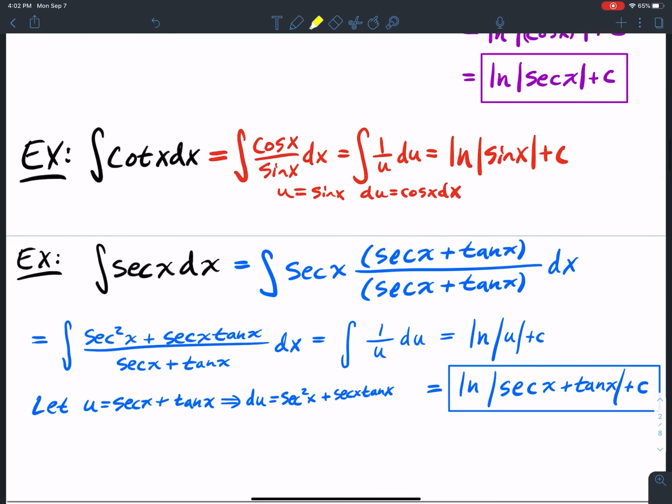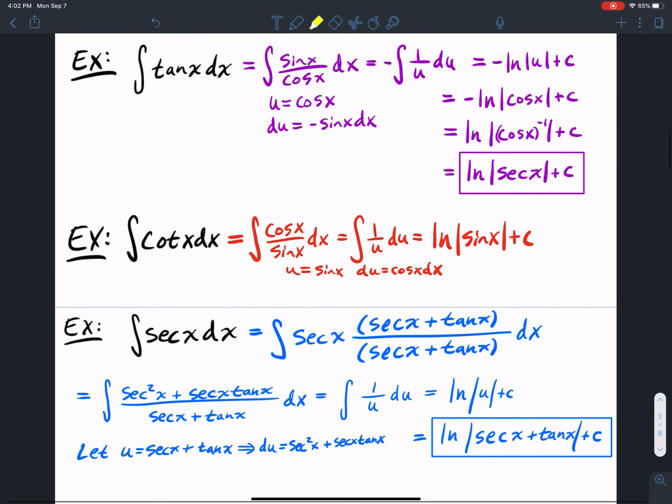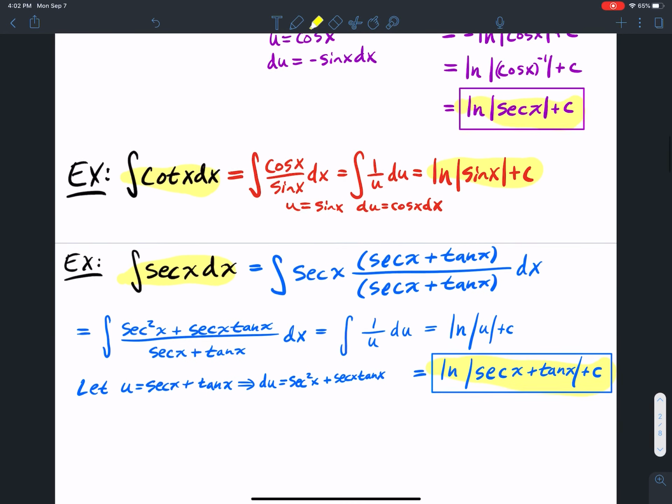Okay? So here's 3. This is half of the rules. So tangent is ln secant. Cotangent is ln sine. Secant is ln secant plus tangent.